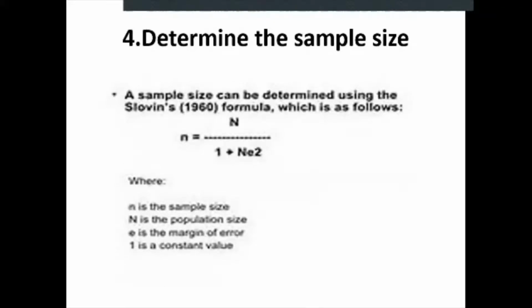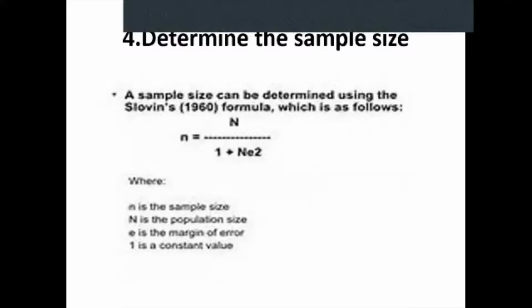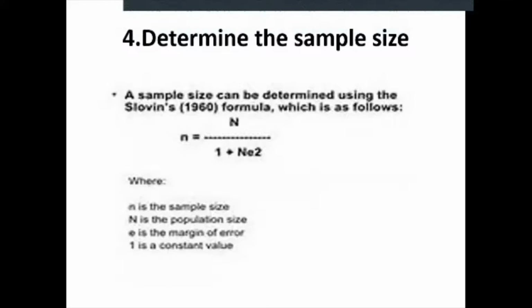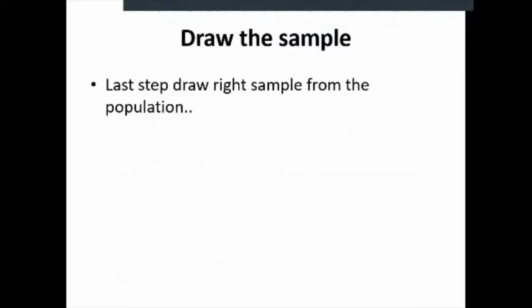There are many standard formulas, and you can use any, but it should be approved by some research. And the last step, after deciding sample size and sampling technique, is to draw the sample from the population.